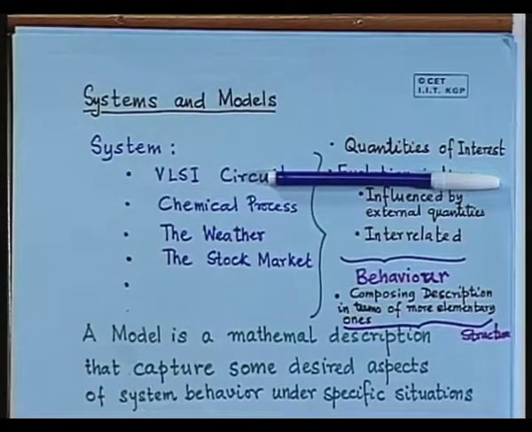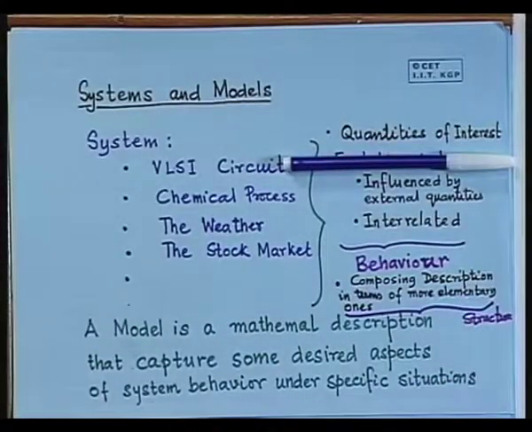For chemical processes it will be chemical compositions, temperatures, pressures. We are interested in them for some reason, economic, social, technical, natural, environmental or otherwise. Similarly, with the weather, there are quantities of interest, and we would like to predict them, and understand how they change. So it is also a system.